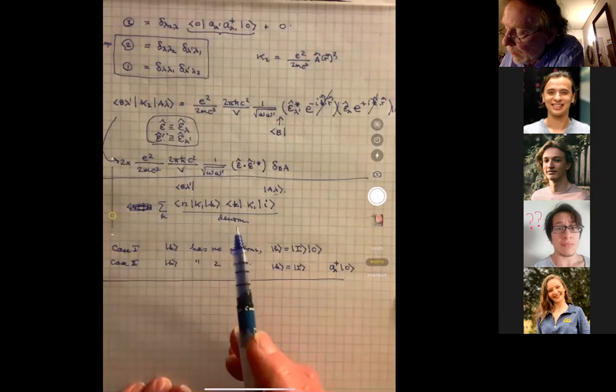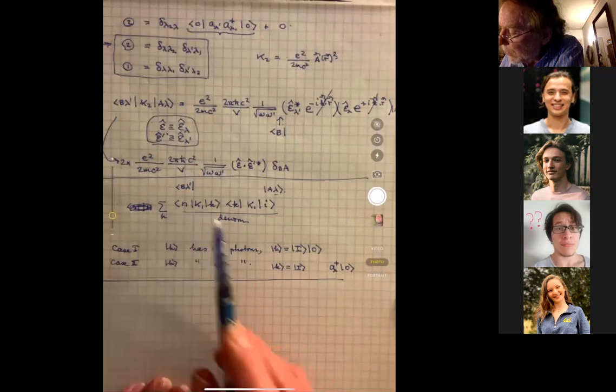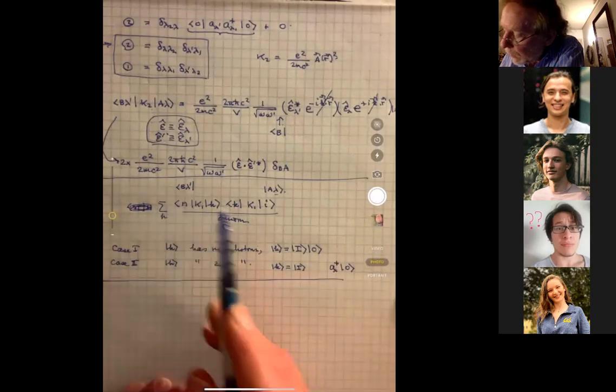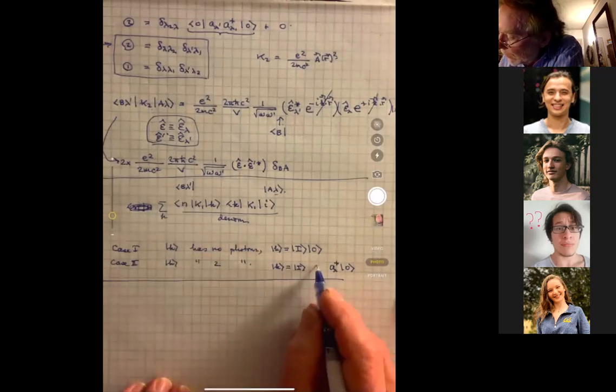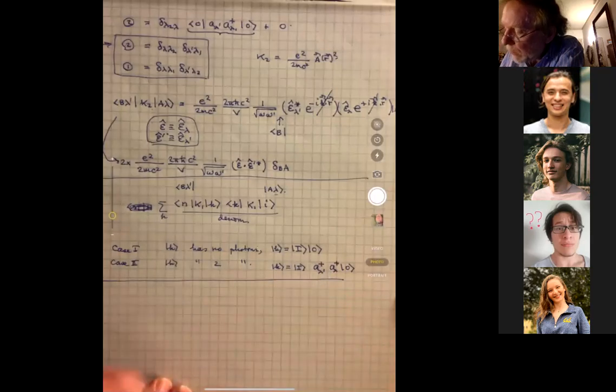And so this K1 must act by destroying the initial photon, and therefore the photon that's left over must be the final one. And so we must have an A lambda prime dagger applied there. That's what this intermediate state must look like in order to get a non-zero answer.